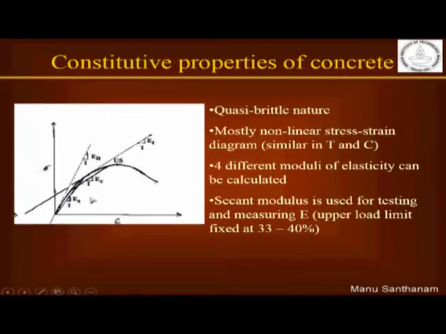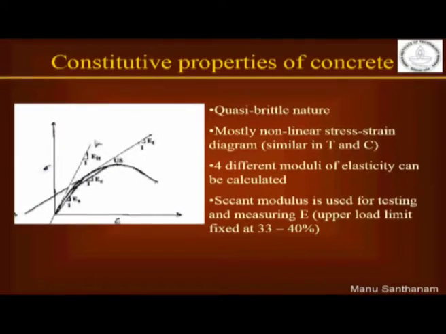Because this is a non-linear curve, we can also take the slope of a chord drawn between any two points. That Ec which is shown here, the chord modulus, is the slope of any line drawn between any two points on the curve. Alternatively, we can also take the tangent to the curve at any point and call it a tangent modulus.